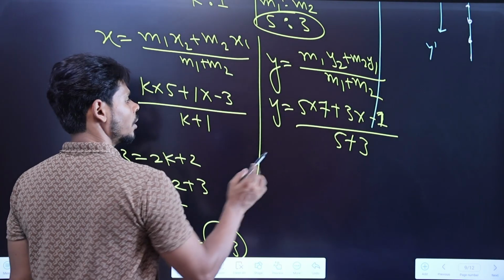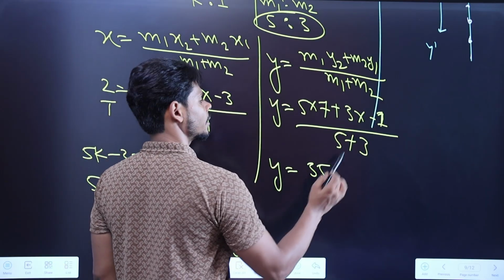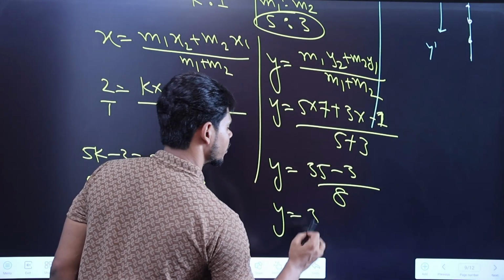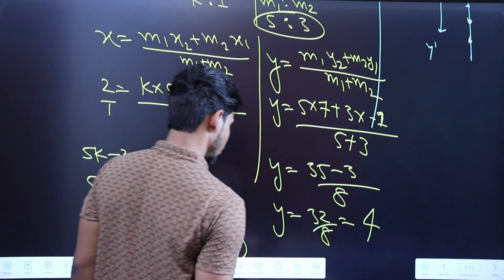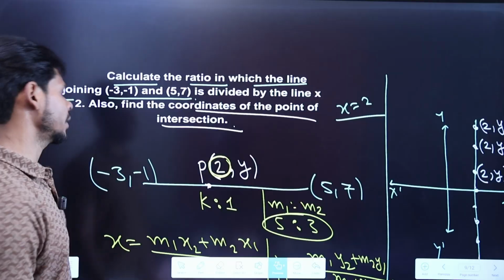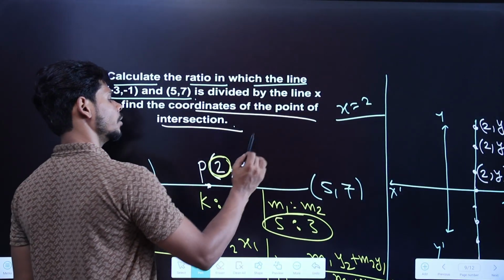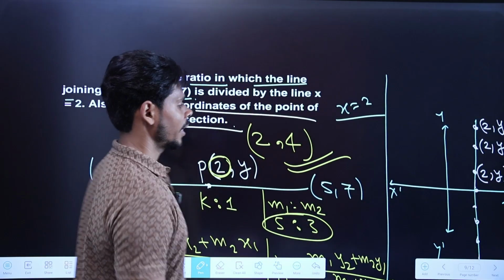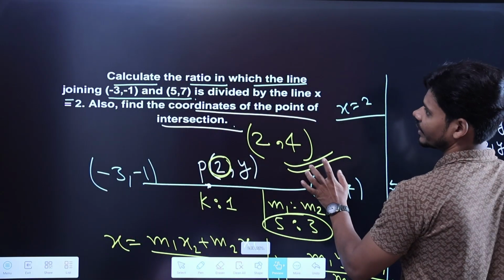Let's solve this. 5 times 7 is 35, then negative of 3, and 5 plus 3 is 8. So y will be equal to 32 divided by 8, which is 4. So the coordinate that we had to find is 2 comma 4. I hope you guys got it perfectly.